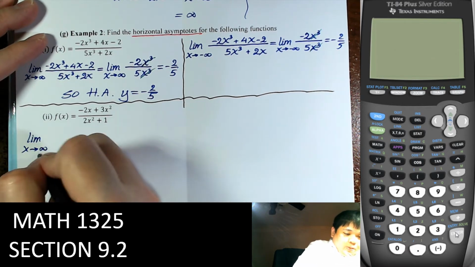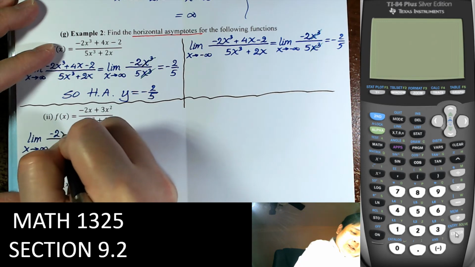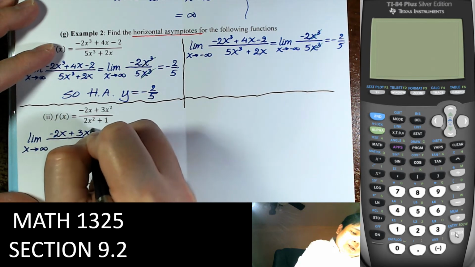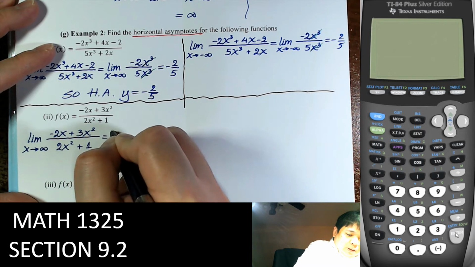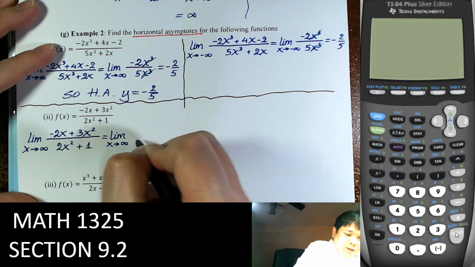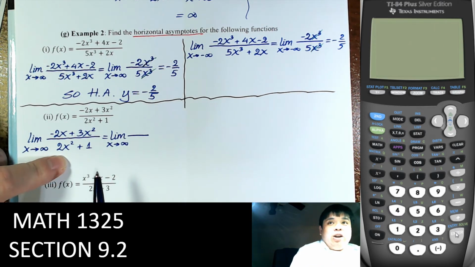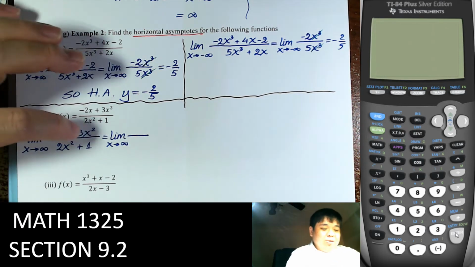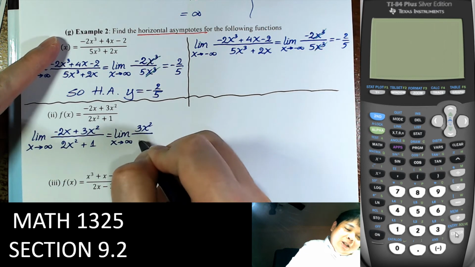When x goes to infinity of the function, we take the highest power term, not the first term. So in this case, this is 3x squared over 2x squared.